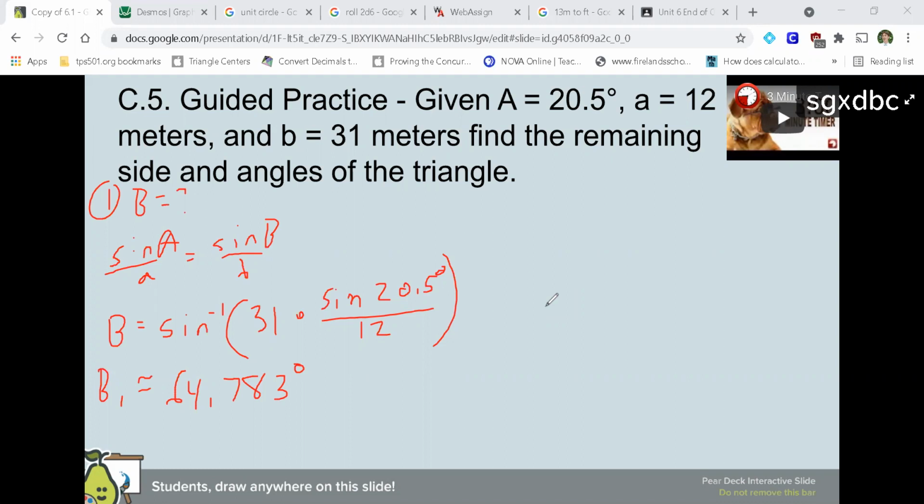To get my second b value, what do I always do? Yeah? You do 180 minus. Subtract your answer from 180. And if you do that, you get 115.217 degrees.